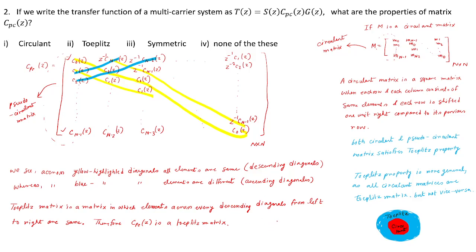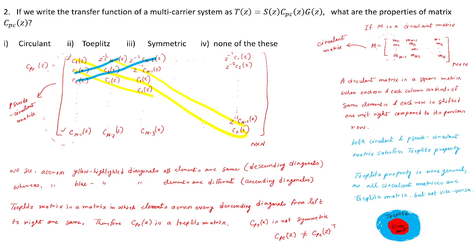Why not symmetric? Let me write down here. CPCZ is not symmetric from the definition of symmetric matrices, because CPC of Z is not equal to CPC Z transpose.